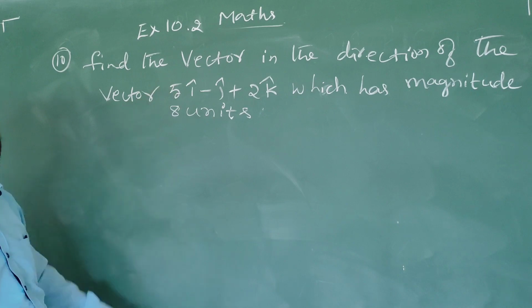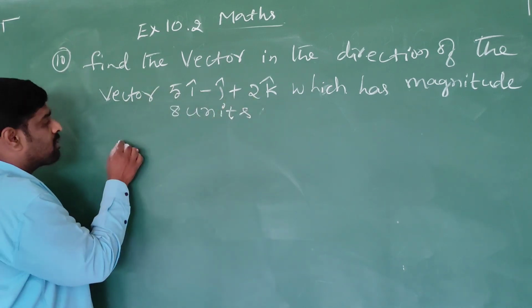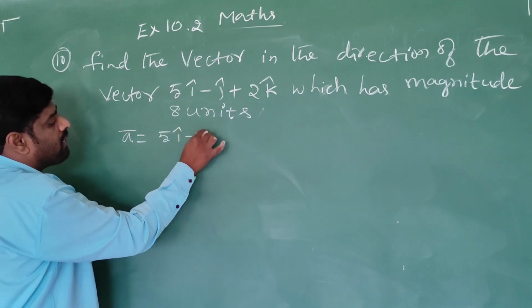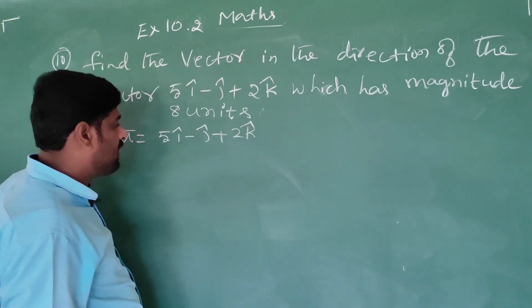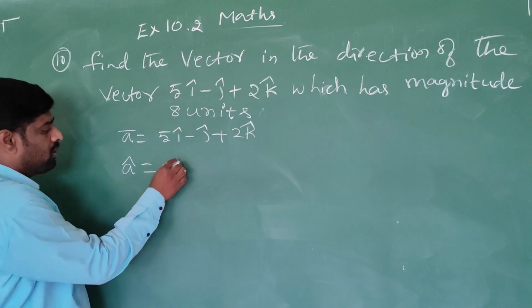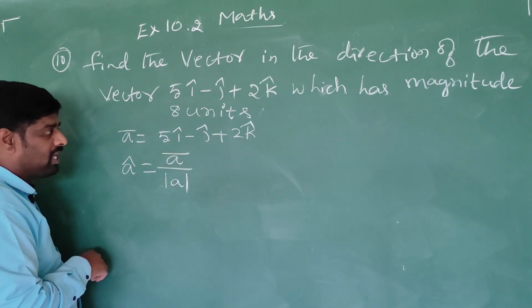First I have to find the unit vector. I will consider this one as a bar. a bar is equal to 5i cap minus j cap plus 2k cap. Now a cap is equal to a bar divided by magnitude of a bar.